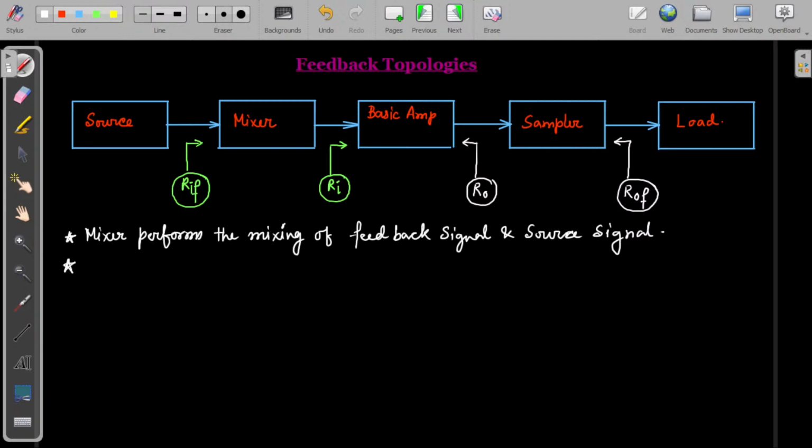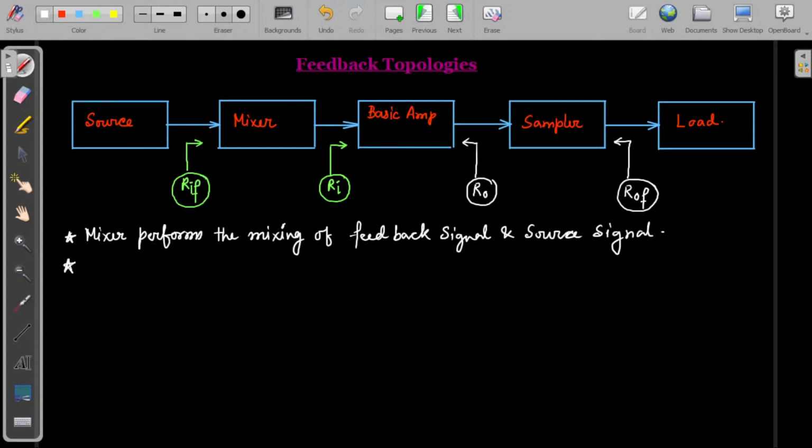Next, the mixer describes the input impedance of the feedback amplifier, because ये जो total feedback amplifier है, इस total feedback amplifier का input impedance कहाँ से defined होगा? Mixer के input impedance से.